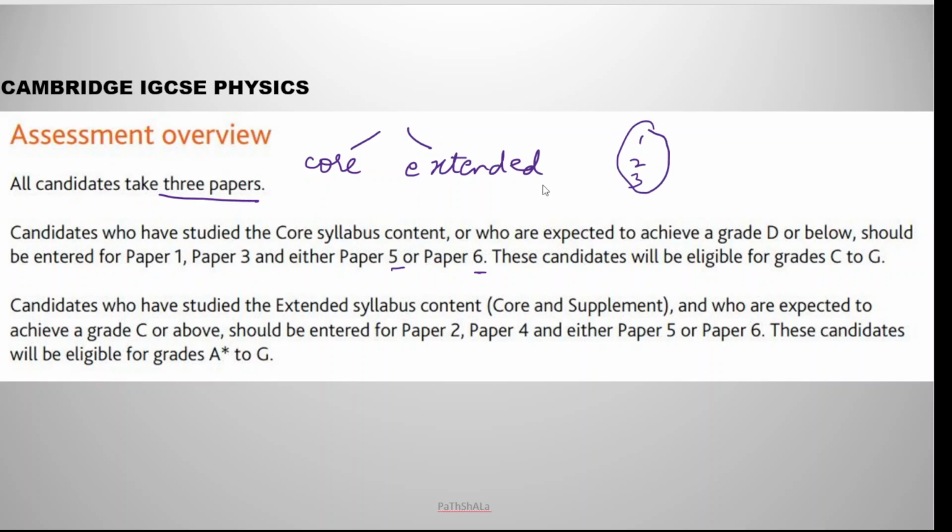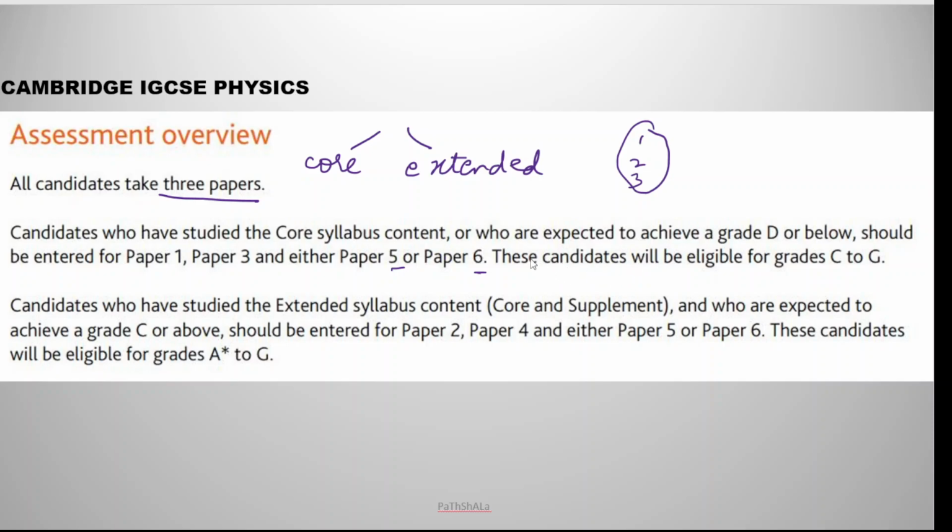Now how are these divided among core and extended candidates? So paper 1, 3, and you can either go for paper 5 or paper 6. We'll be talking about it in detail in the next slide.